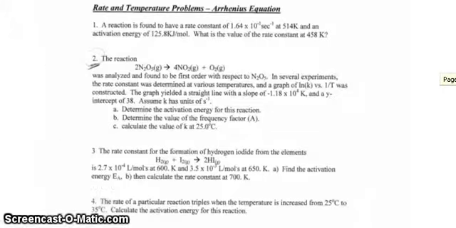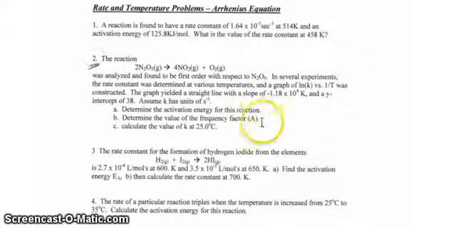So if we go back to see what we're asked for, we're told the slope. The slope is the negative activation energy over R. So if we take that times R, we'll get our activation energy. The y-intercept is the natural log of A, your frequency factor. So if you do the inverse natural log or anti-natural log of 38, then you'll get your frequency factor.